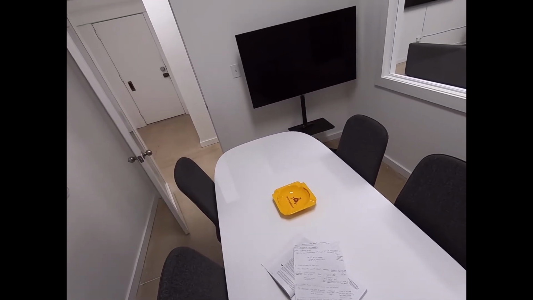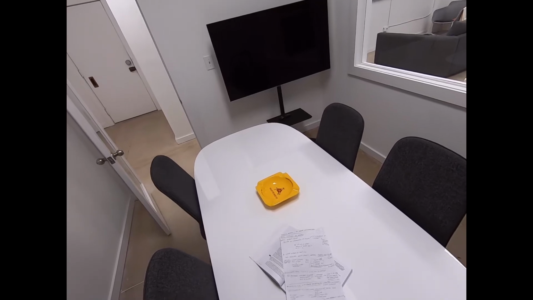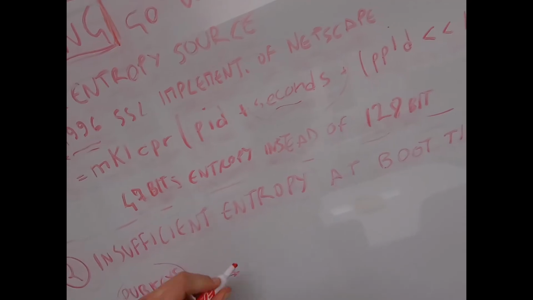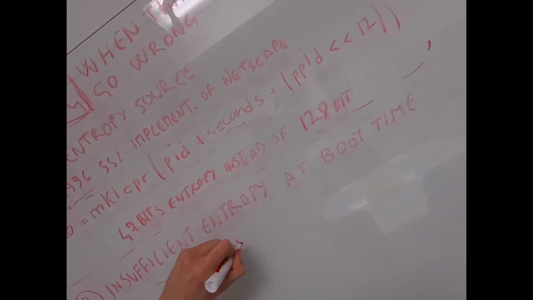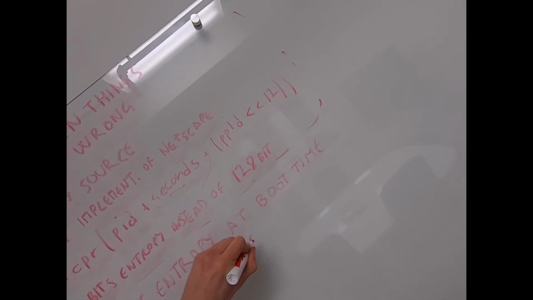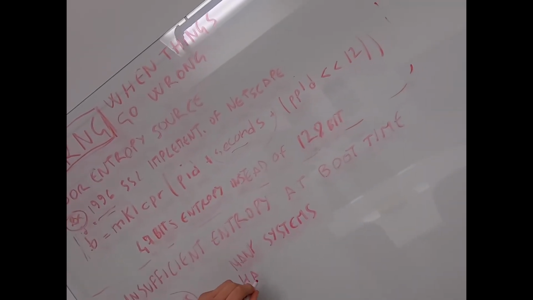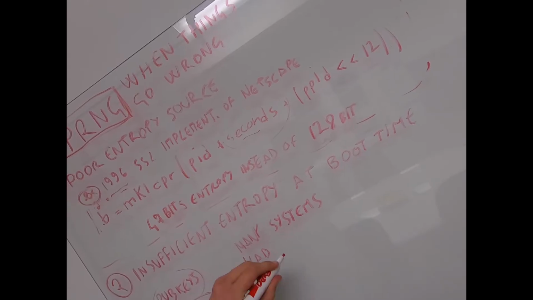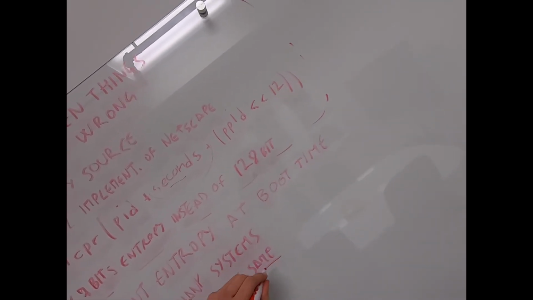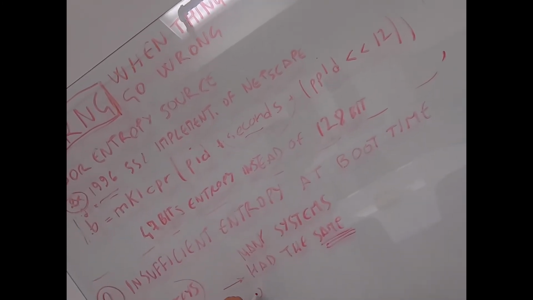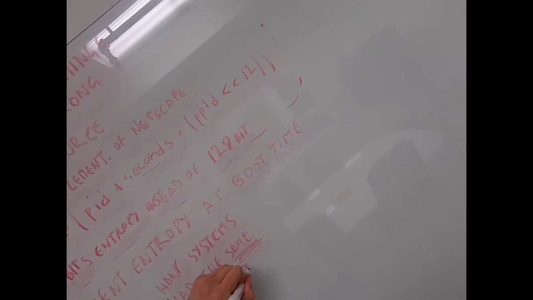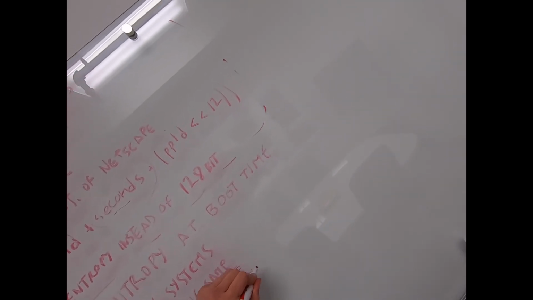And so what they found is that many systems had the same or similar public keys, for example.